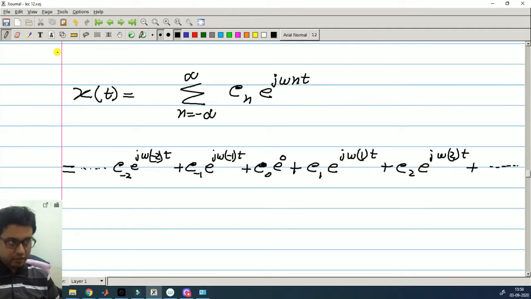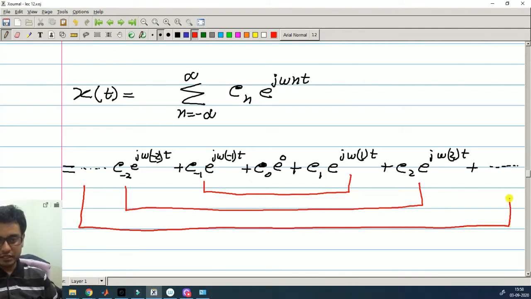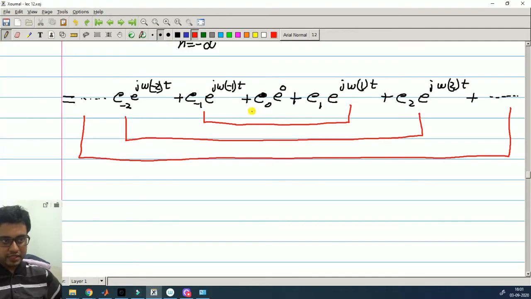Now let us group these terms together like this, with this, and had I written more terms, then C minus 3 e to the power j omega minus 3 t with C plus 3 e to the power j omega 3 t. So let us group them, and now let us keep this term alone, C0 e to the power 0, which is 1.